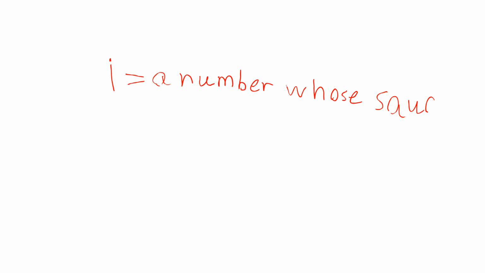And i is, again, a number whose square is -1. So we know what i is.